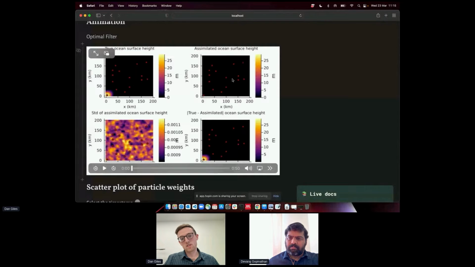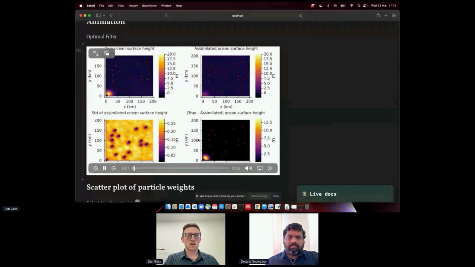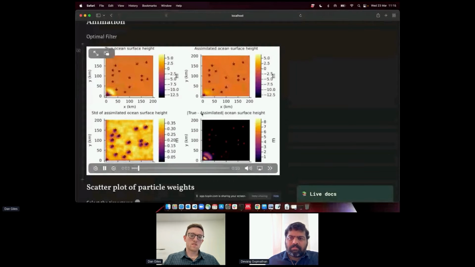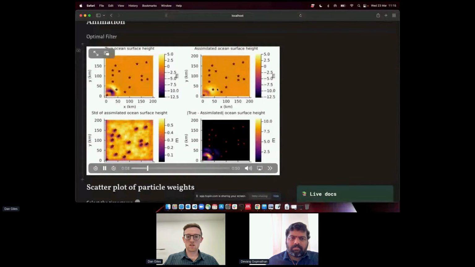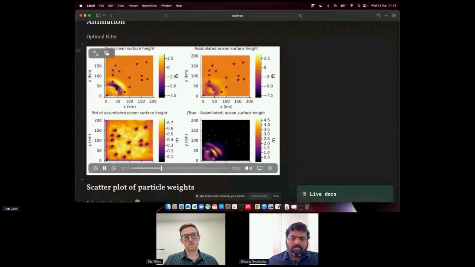So this is what we're aiming for. On the top right, we have the assimilated ocean height. At the initial t equal to 0, this is essentially a flat ocean. And then we have the standard deviation of the ensemble of the particles themselves, and then just an absolute error. So if I let this play through, we see that as time progresses and as the wave starts hitting some of these observation locations, our simulated ocean wave height starts to match the true ocean surface height.